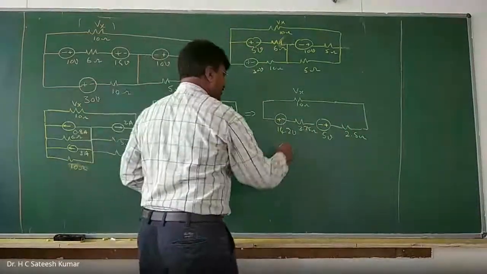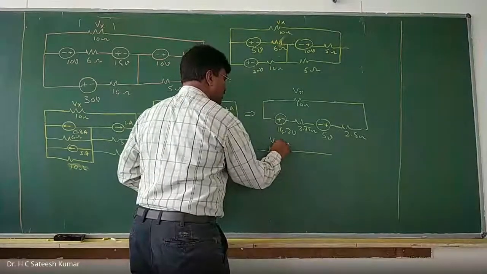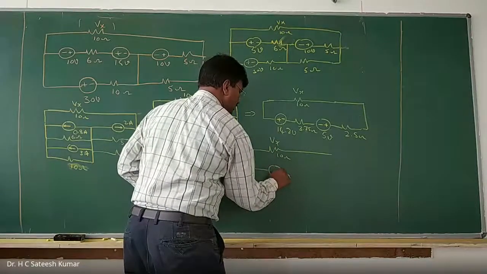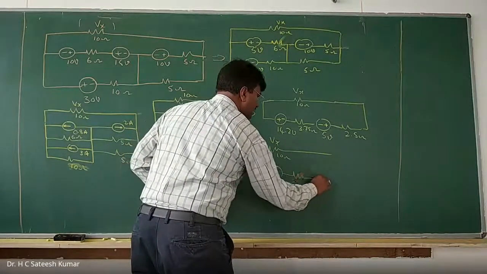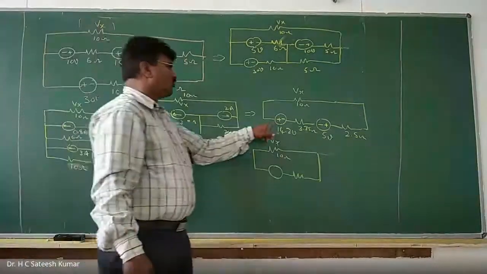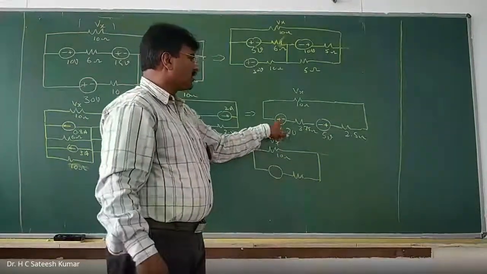We are only adding these two. Simplify these two. Vx is the voltage across the 10 ohm resistor. Simplify these two. What will you get? Plus minus and minus plus, so we have to subtract them, and the sign is that of the bigger one. The bigger one is 14.2.